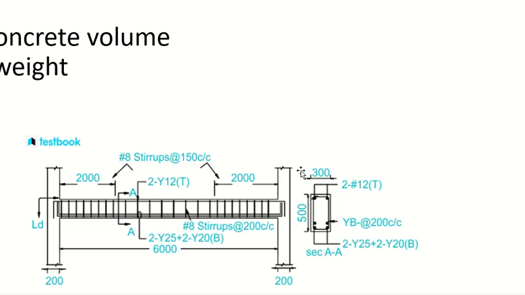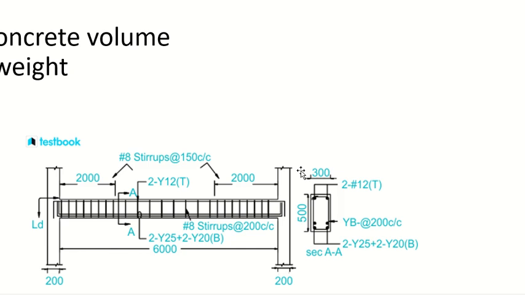So how do I calculate the number of stirrups? We take the length, divide by the spacing, plus 1. On each side, the spacing is 150. This is only for one side, so multiply by 2.